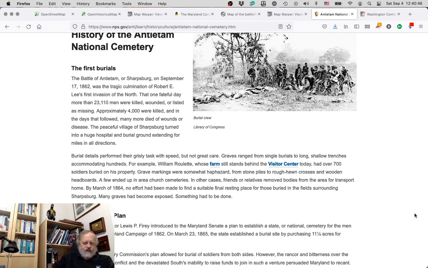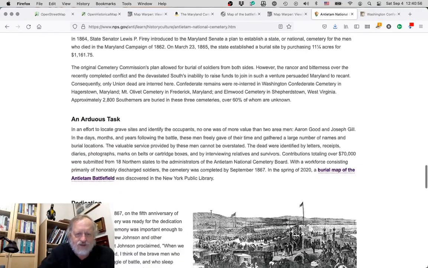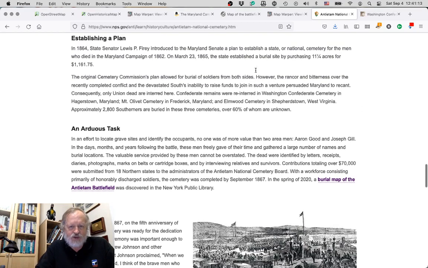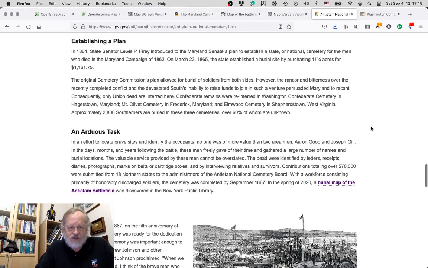The bulk of the Confederate cemeteries are separate from the federal cemeteries. So we can look at this and find the history of the battlefield and the cemetery, but the truth is I just outlined a bunch of Confederate dead and they were not buried here. So even though I can look at the dates for this, it's not going to help us here.